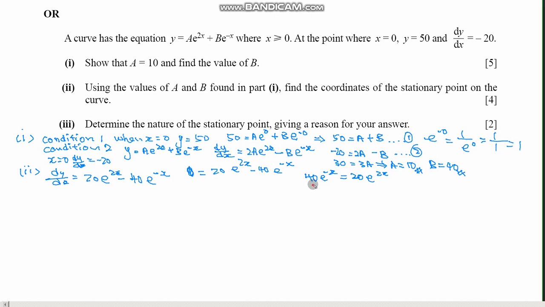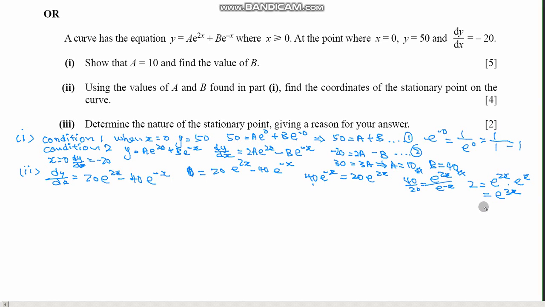Now let's simplify. Bring the 20 over here, and it's e^2x over e^minus x, which simplifies to 2. Bringing out minus becomes plus, so it's e^2x times e^x, which gives you e^3x.